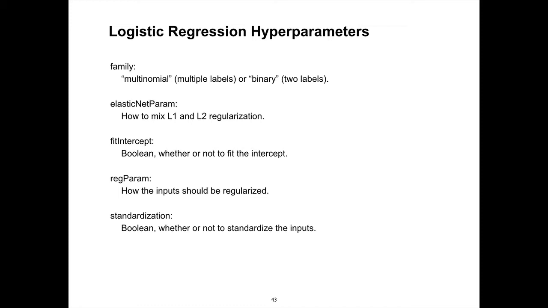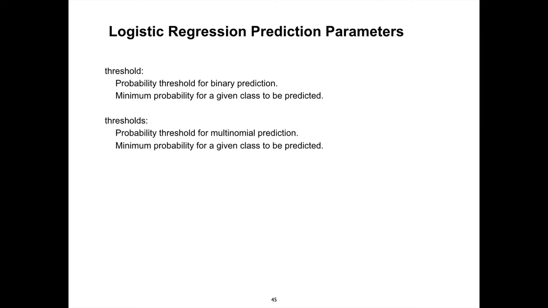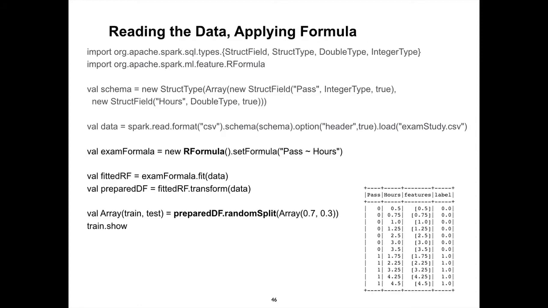I didn't look at the last two. There are training parameters: how many iterations you want, the tolerance again, and the weight column. Do you want to weight certain rows heavier than others? And then there are some thresholds, the threshold you want to use to do predictions. We'll just use the default values.